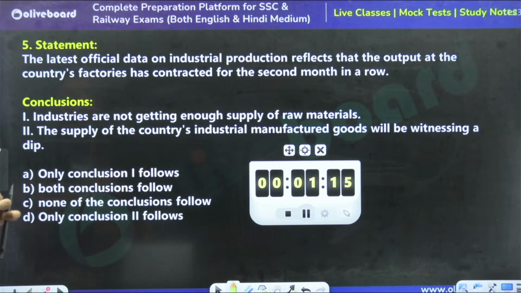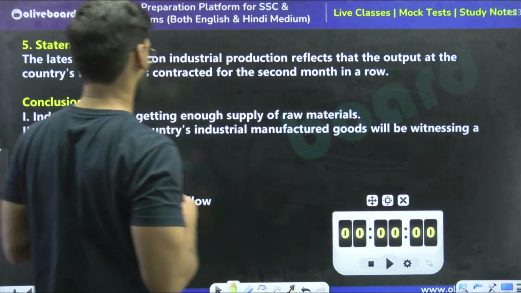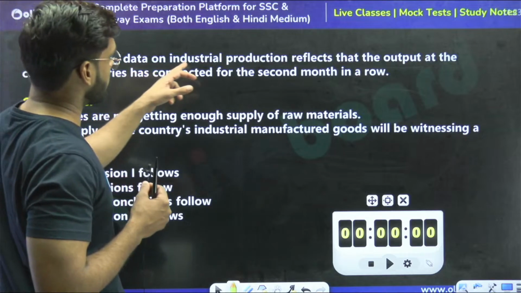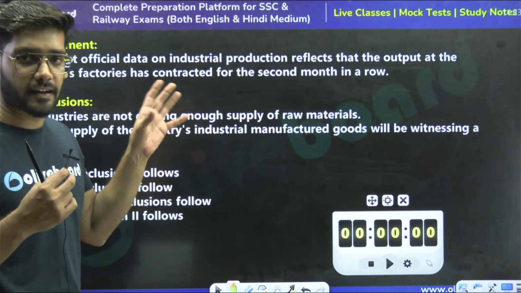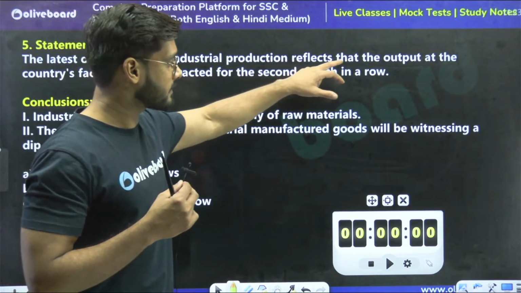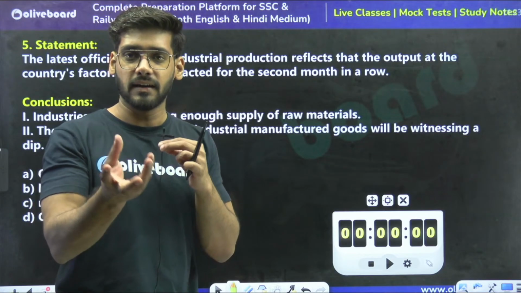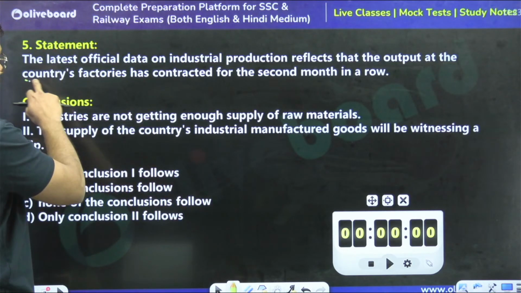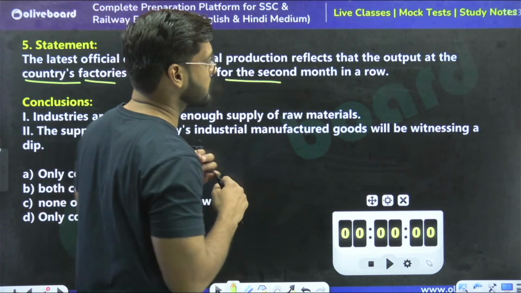Okay, let's see. In the statement, it is given the latest official data on industrial production reflects that the output at the country's factories has contracted for the second month in a row.